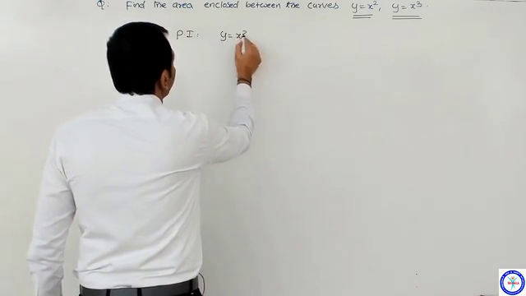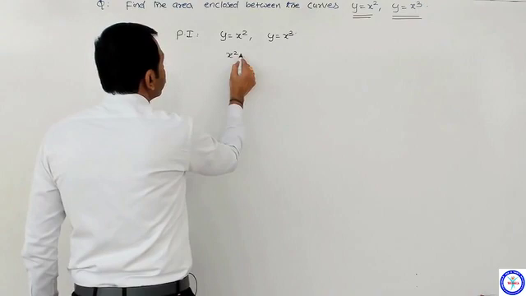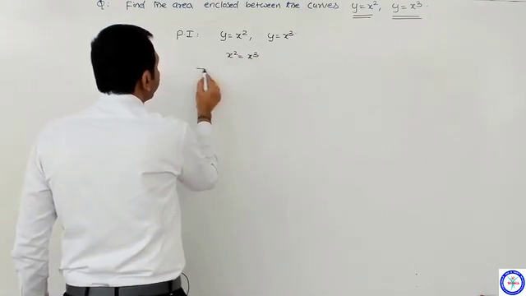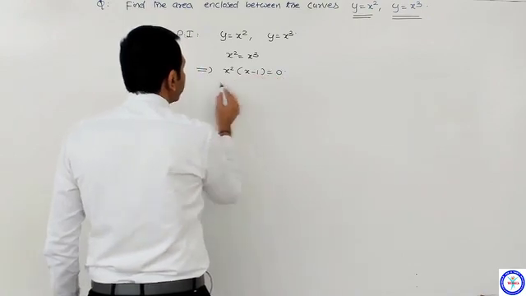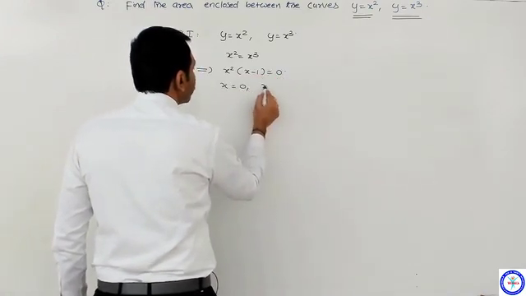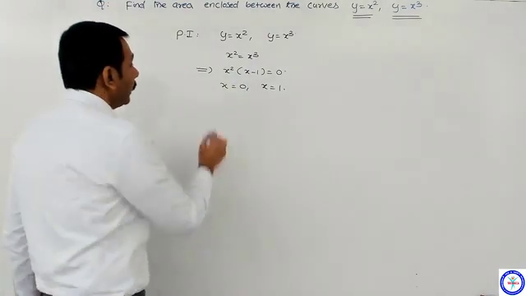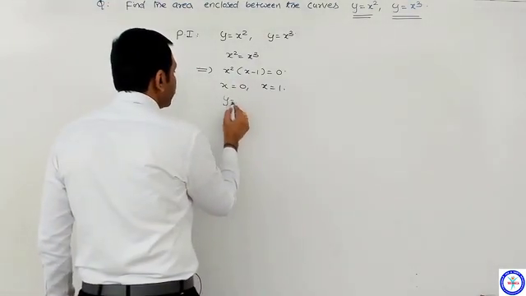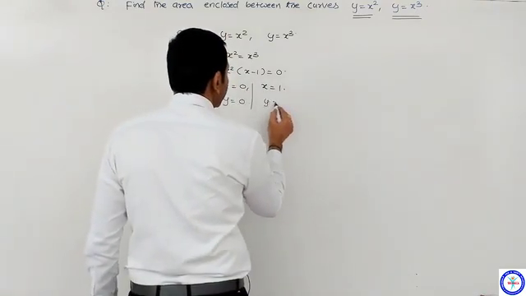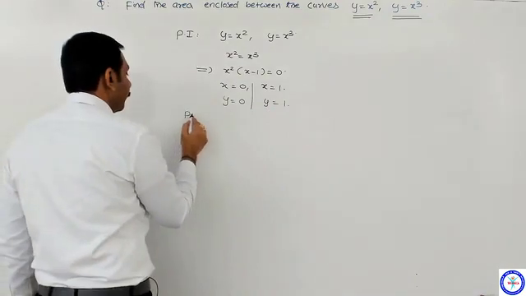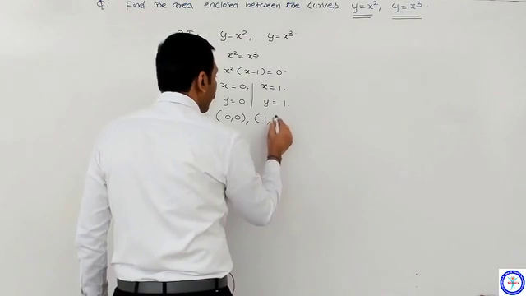For y equal to x square and y equal to x cube, x square equal to x cube implies x square into x minus 1 equal to 0, x equal to 0, x equal to 1. X equal to 0 means y value is 0 if you substitute here. X equal to 1 means y equal to 1. Therefore, the points of intersection are 0, 0 and 1, 1.